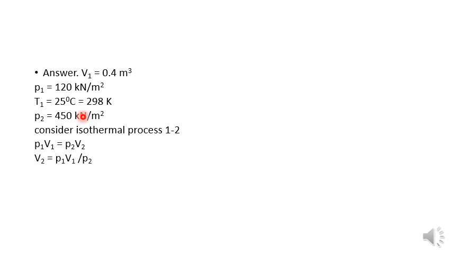Substitute all the values in that formula and we will get V2 in terms of meter cube. So we got V2 as 0.1067 meter cube. In the problem they gave that it is an isothermal process, so 1 to 2 is an isothermal process.